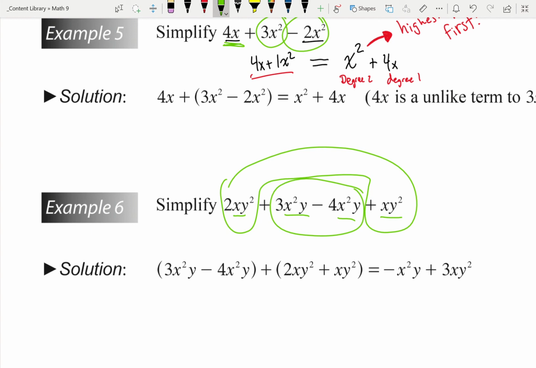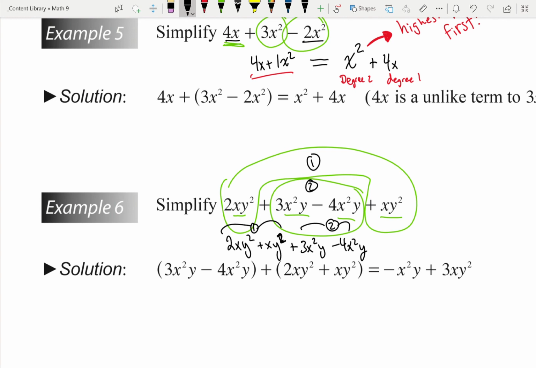So now what I can do is I have 2xy squared plus xy squared. So I'll call this one 1. So 1 is this piece here, and then I'll call this one 2. So then plus 3x squared y minus 4x squared y.